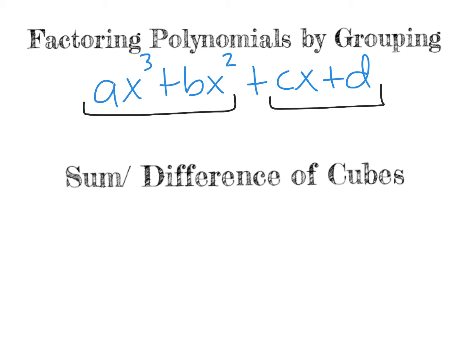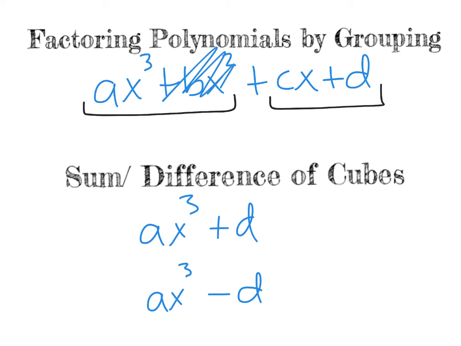Well, sum and differences of cubes are going to have fewer terms than this. We cannot do it by grouping because we're going to have a lot fewer terms. We're going to see something like ax cubed plus d, or ax cubed minus d. So notice how we do not have terms in the middle, and we're just dealing with the cubic part in the front and a number at the very back.